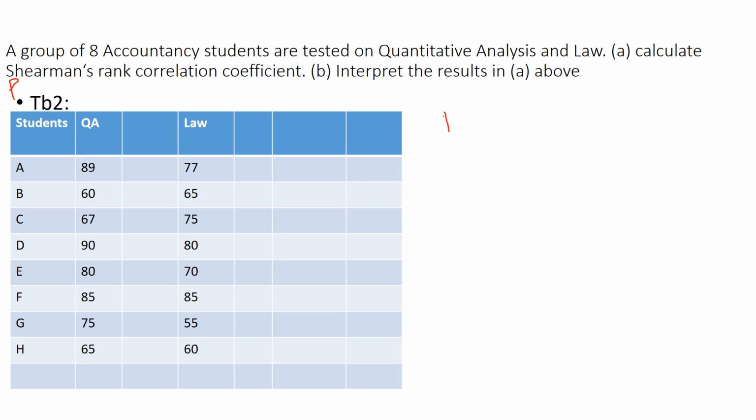Our rank can be given by R equals 1 minus 6 times the summation of d squared, divided by n cubed minus n.